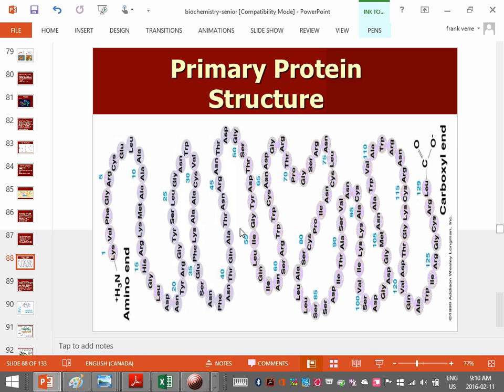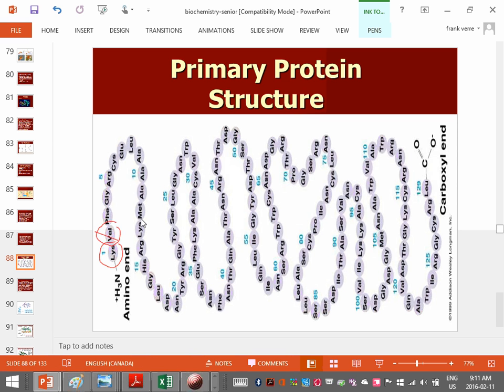So to understand shape of a protein, you have to understand that a protein is organized into levels, okay? The first level of protein we said is just the list of amino acids. So for example, in this list, we can see over here that the first amino acid is lysine, followed by valine.